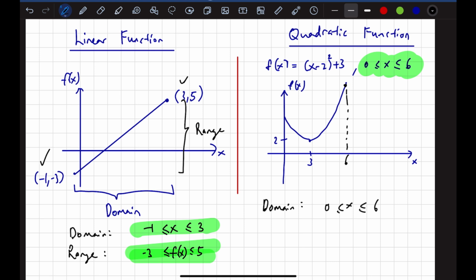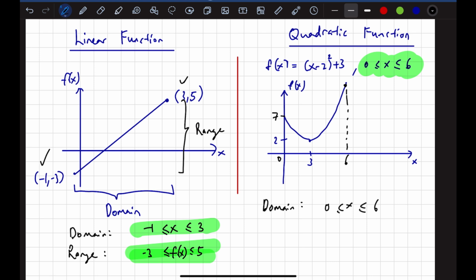Now, then what is the starting y-intercept? That is when x is 0, if you were to do it quickly mentally: (0 minus 2) whole squared will be 4, 4 plus 3 is 7. So at 0, your y value is 7, or in this case, your f(x) is 7.